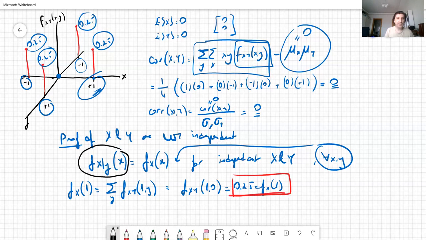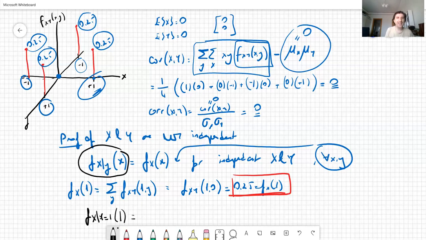We are going to also calculate this part, f_XY given some value. Let this value be equal to 1, let's say, for x equal to 1. What is this equal to?